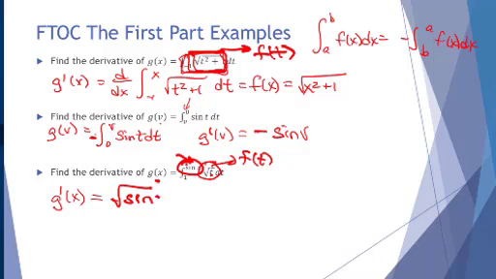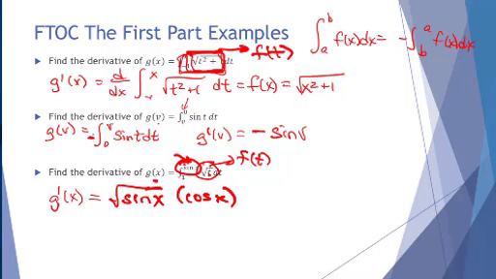Don't touch the inside function. So we'll have the outside function is the root, the input is sine x, but now we multiply times the derivative of the inside function. So this derivative is the square root of sine x times cosine x.